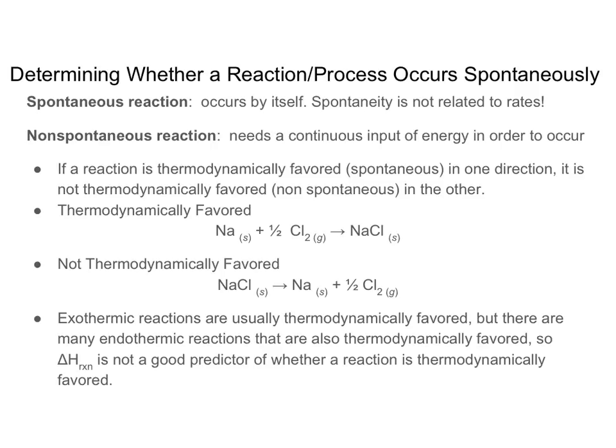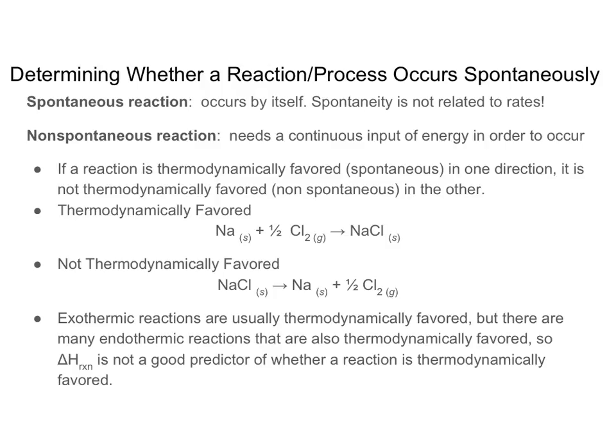So like if something's rusting, would that be spontaneous? Something rusting would be a spontaneous reaction, yes. Now, a non-spontaneous reaction is something that needs continuous input of energy in order for this to occur. And what that means is that we have to add energy for this reaction to occur.